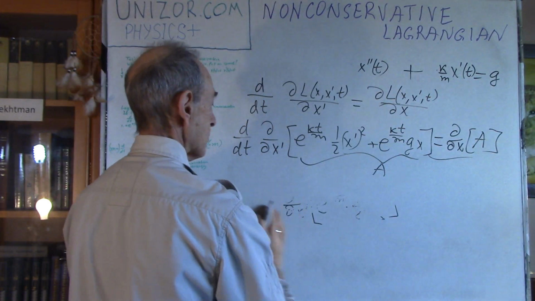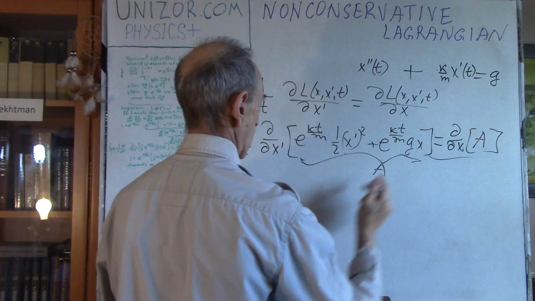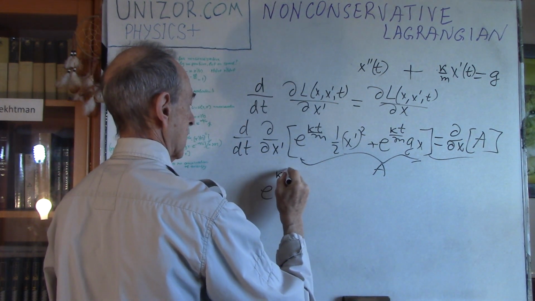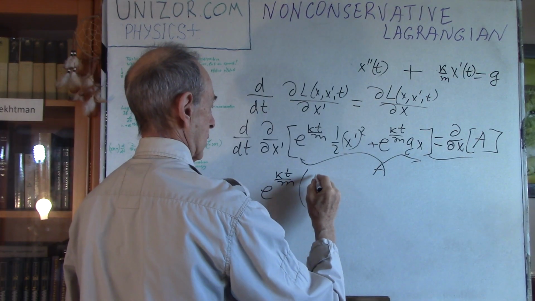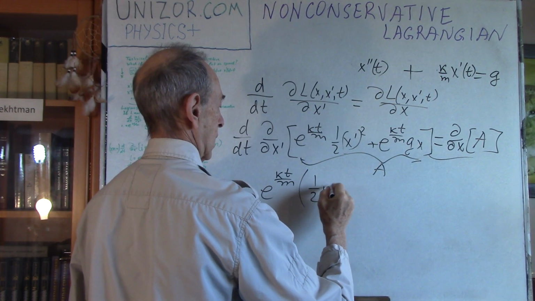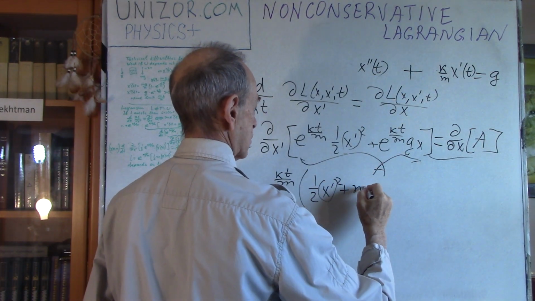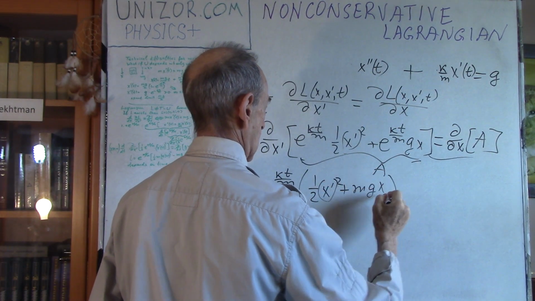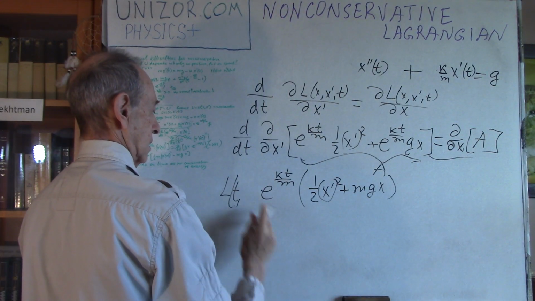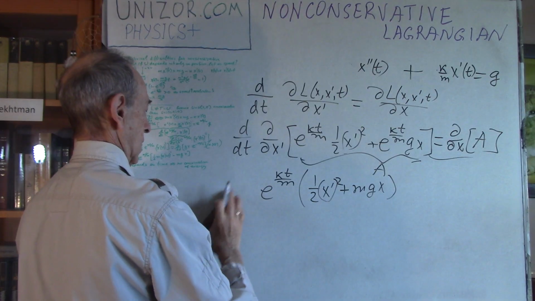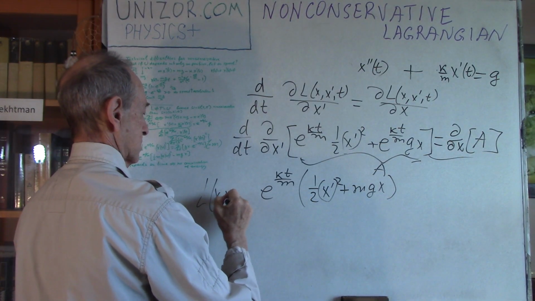Which means this one, e to the power kt divided by m, is the same on both sides. So I can have this as 1/2 x prime squared plus gx. It can be my L of t, x, x prime, and t.